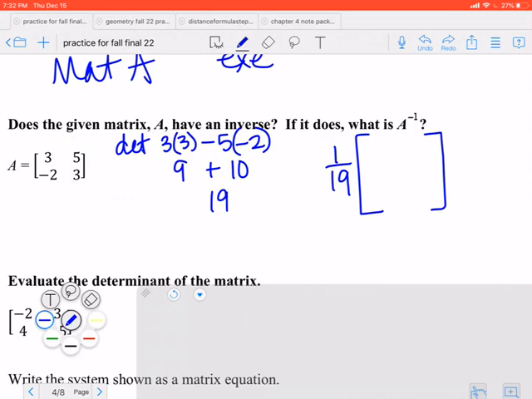That was the part I needed to look up, and I just found it. So it goes like this. These guys switch places. I'll actually write the formula out.